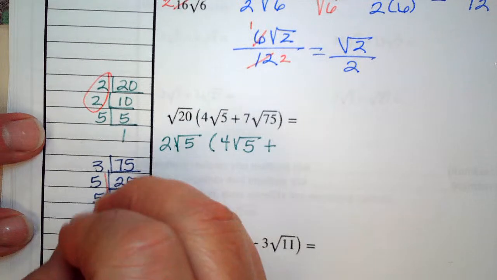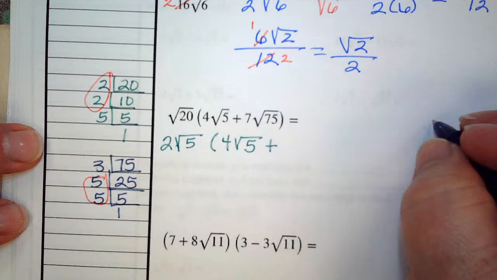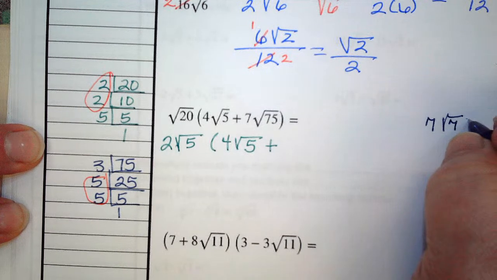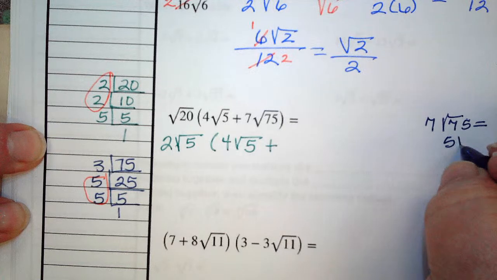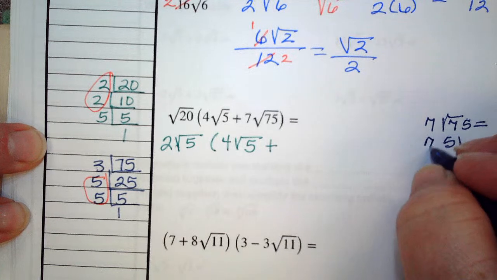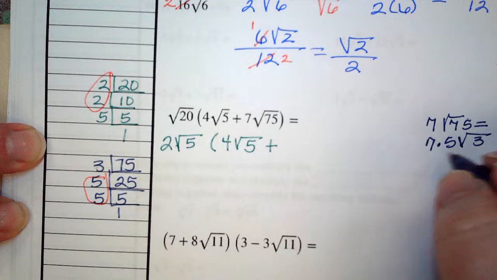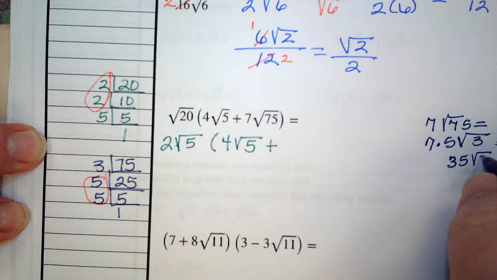I've got a pair of 5s and then a 3. So I'm looking at 7 square root of 75 is equal to 7 times 5 times the square root of 3, which is equal to 35 square root of 3.